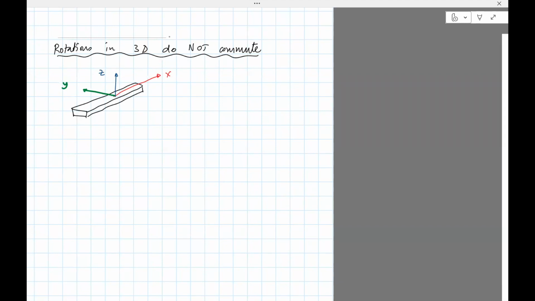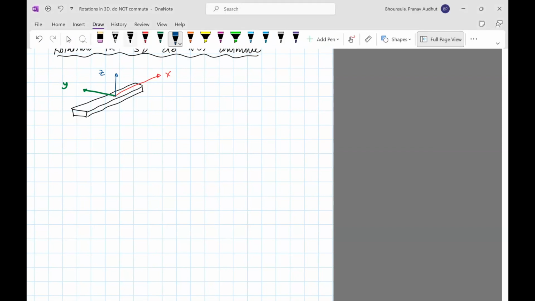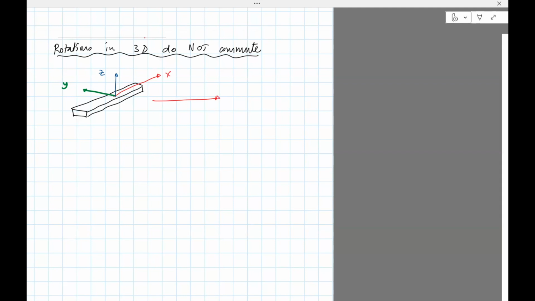Yes, so let's carry out these rotations now, in sequence. So 90 degrees about x-axis. So point your thumb towards x and turn the whole thing about the x-axis.